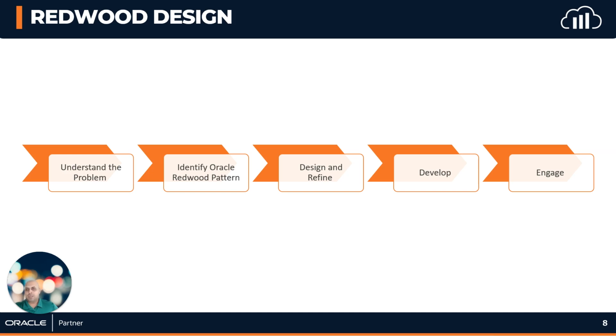Then the next step is to go to the Redwood pattern book. It's available on the Oracle website to translate your code flows into the Redwood experience. The pattern book shows how page templates support specific user goals and have different layouts and configurations to achieve multiple user interface variations.